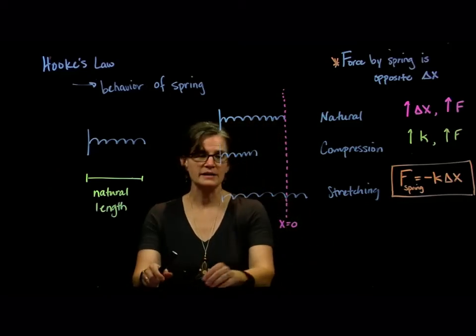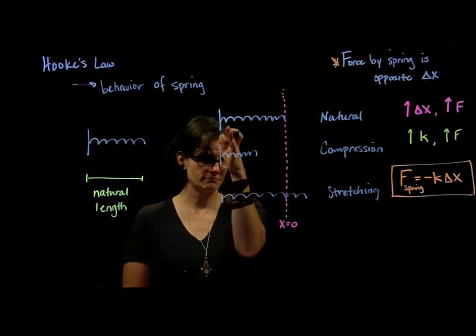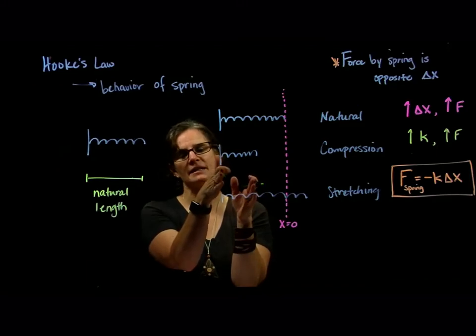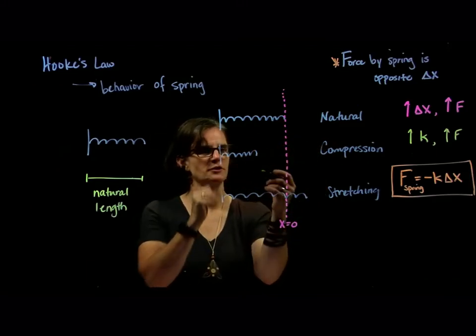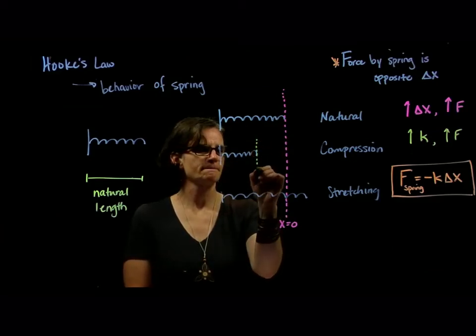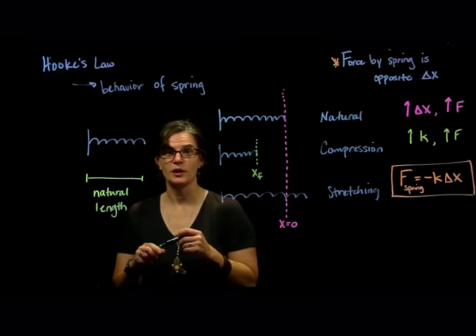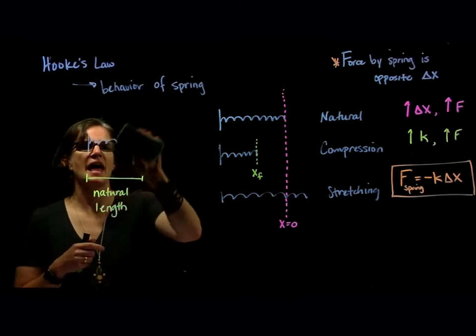If I compress a spring, and we'll use just this orientation, I'm going to have my base at the left, and I'm going to compress the spring in that direction. This is my final location of the spring end.